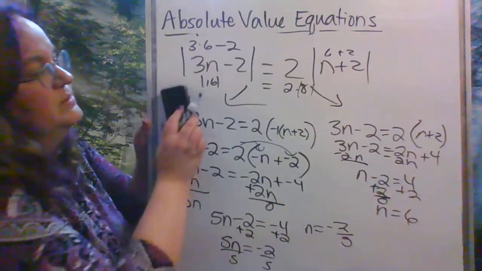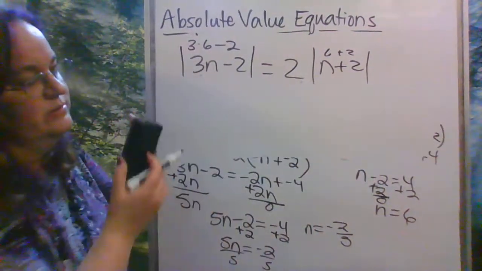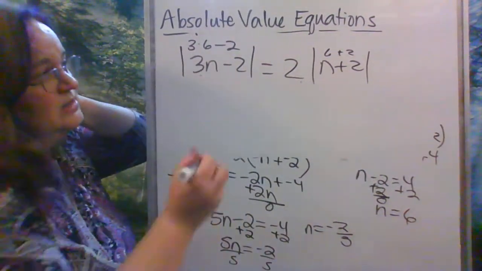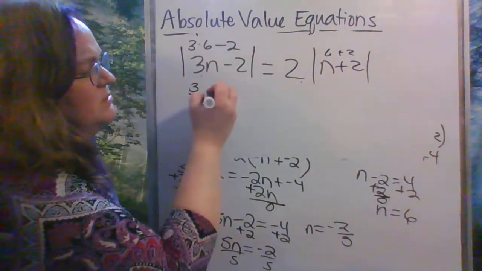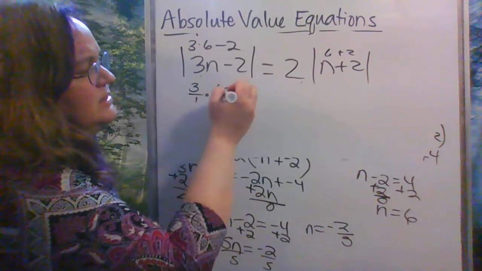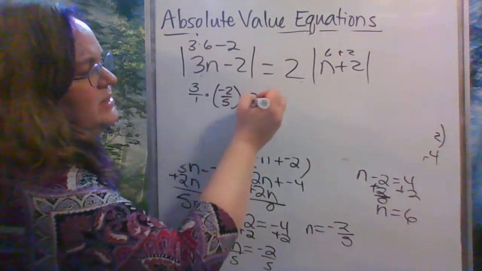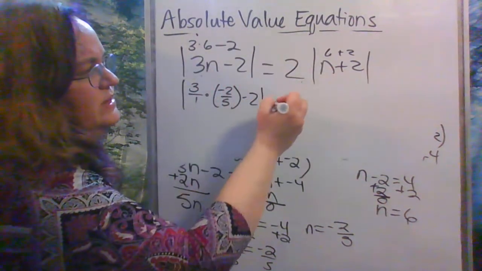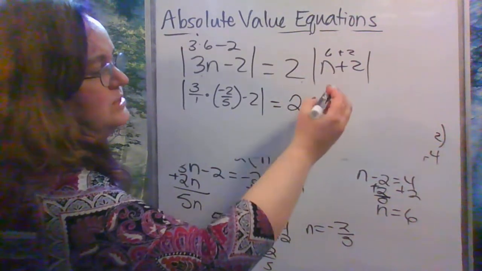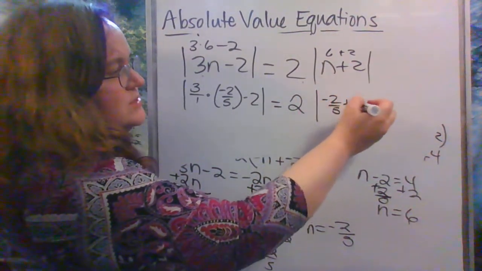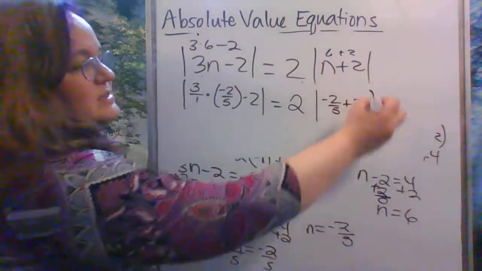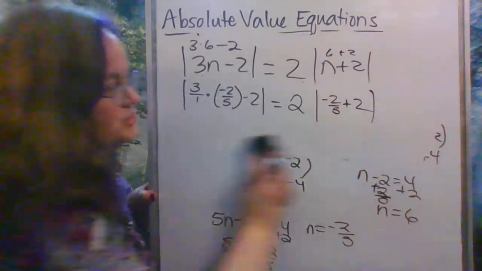Now let's free up a little bit of space. I'm going to go in and try the negative 2/5. So 3, let's make it 3 over 1 times negative 2/5 minus 2, the absolute value. Does that equal 2 times, and then that would be negative 2/5 plus 2. And I'm going to need a little bit more space than I had allotted for sure.